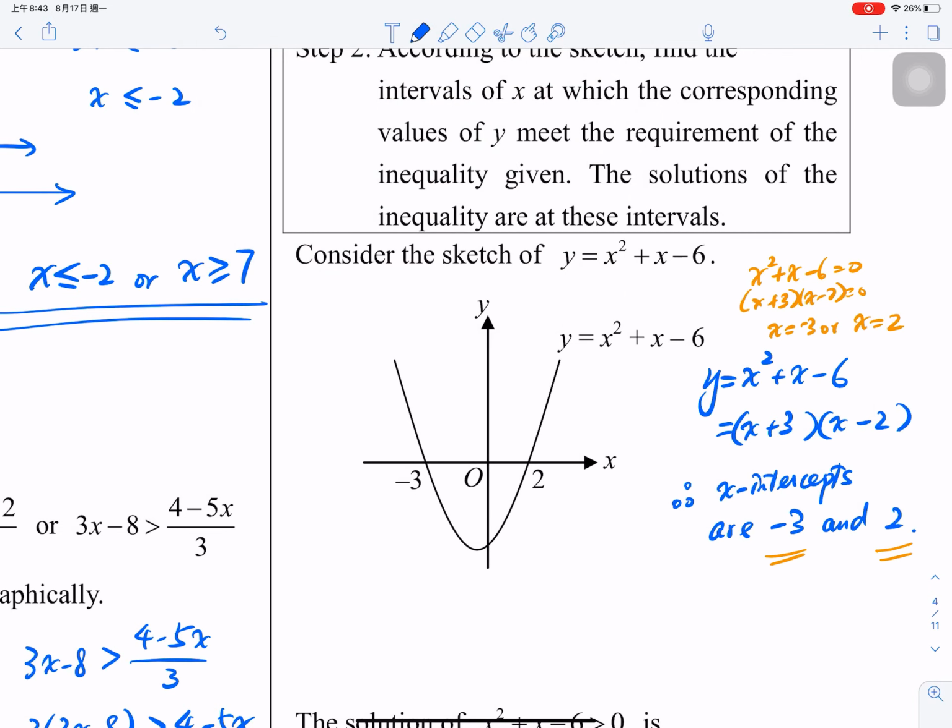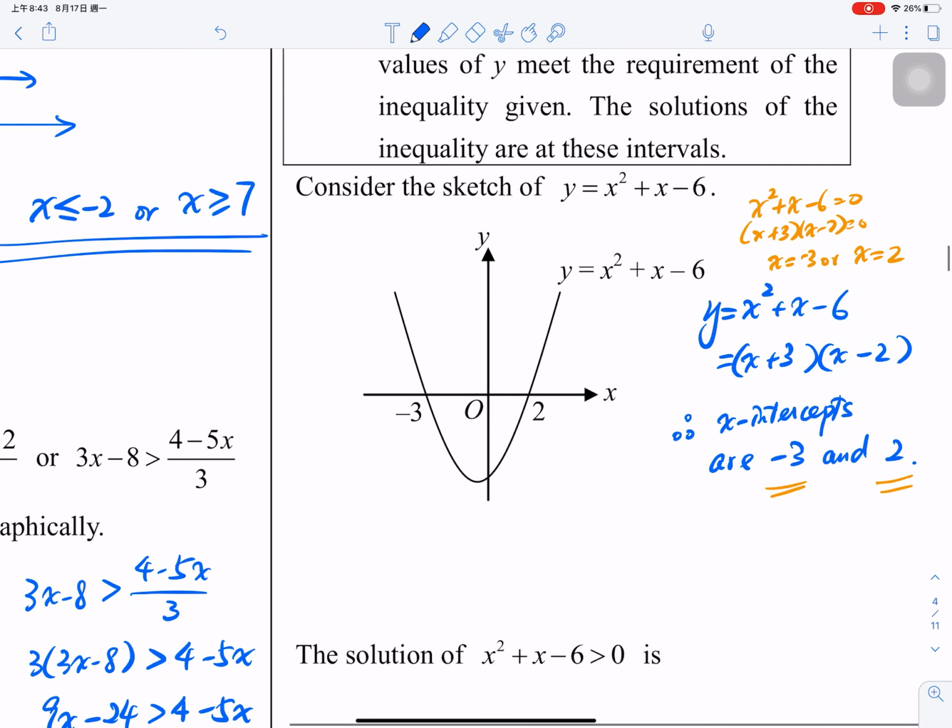Okay, think about it. If the inequality is now x squared plus x minus 6 greater than 0, that means this part, I use the green one, this part greater than 0. That means y greater than 0.